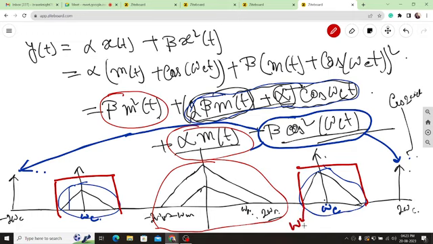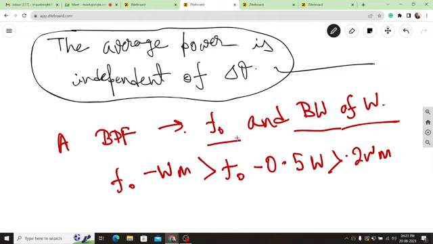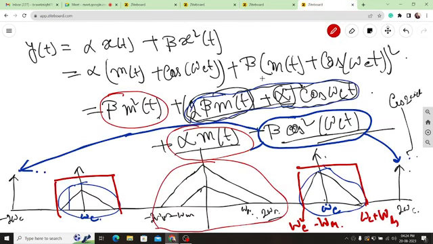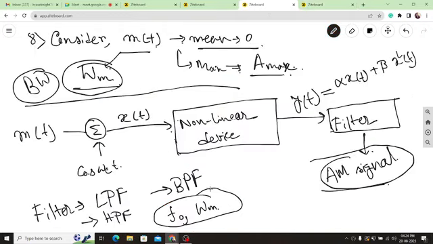This is omega c minus Wm and this is omega c plus Wm. We need such a candidate. That is the reason the bandwidth W should be greater than this but not greater than 2 Wm. So this should be the characteristics of this filter.